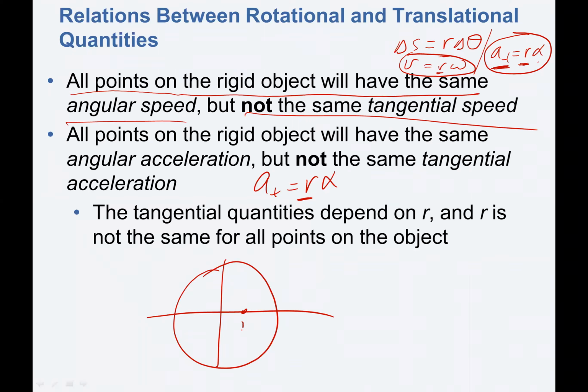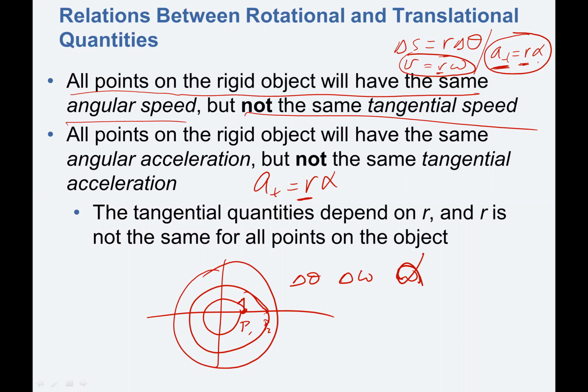Again, let's think like this. Here's point 1, and maybe here's point 2. When they undergo one full cycle, point 1 and point 2 are going to have the same delta theta, the same delta omega, and the same alpha.